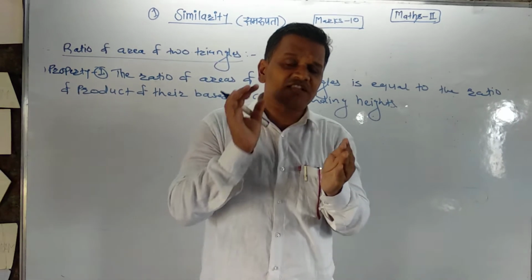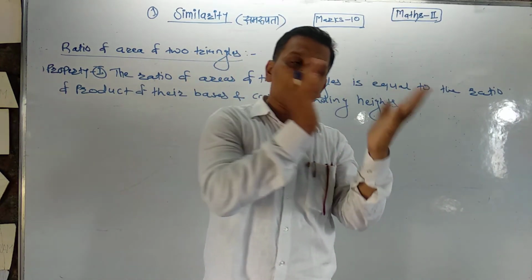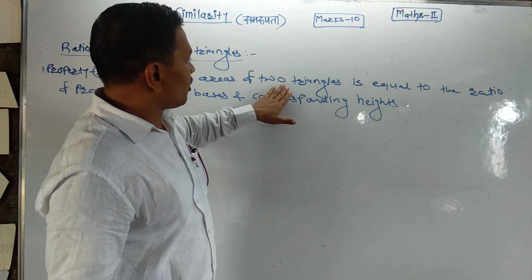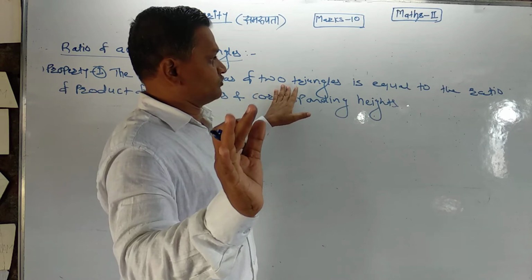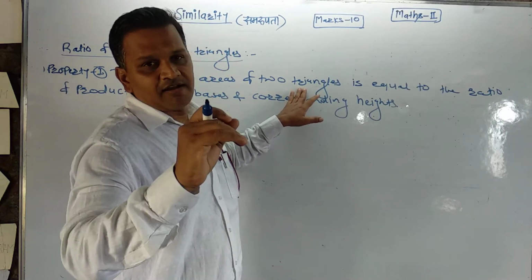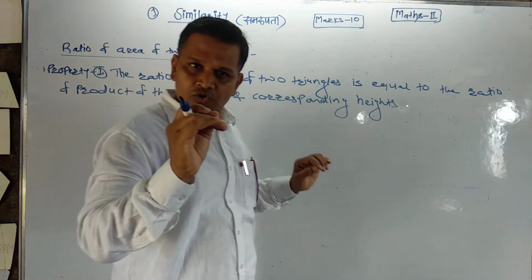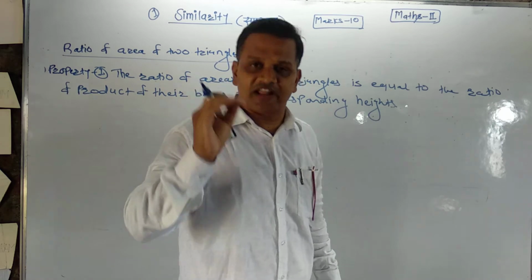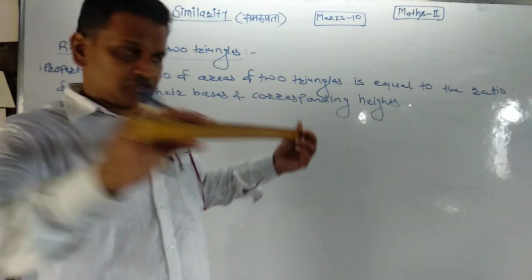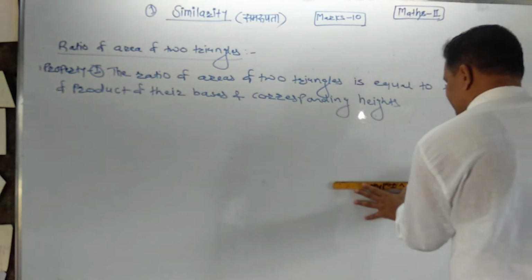Ratio is nothing but the comparison of two numbers by division. To find the ratio of areas of two triangles, we must know the area, and for that we must know the base and height of the two triangles. Now I am going to draw the figures of two triangles having different bases and different heights.